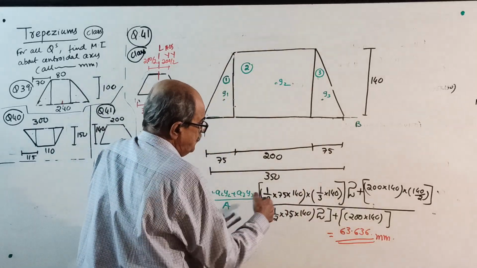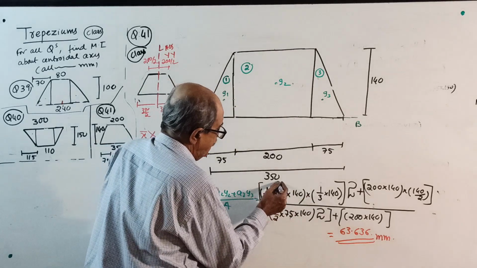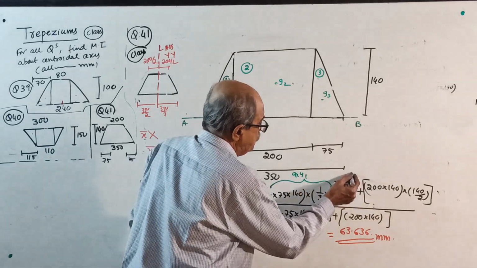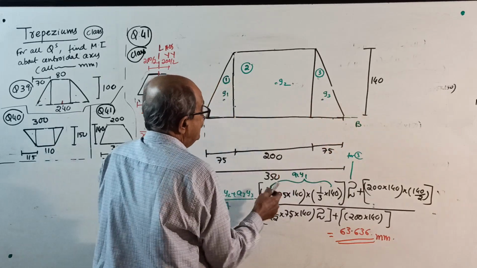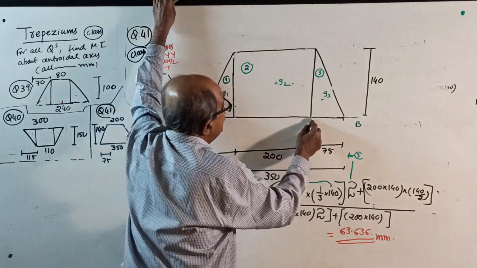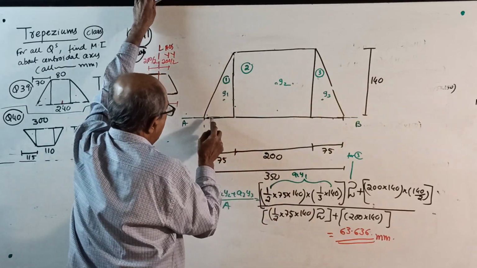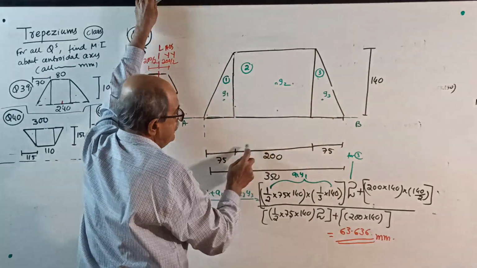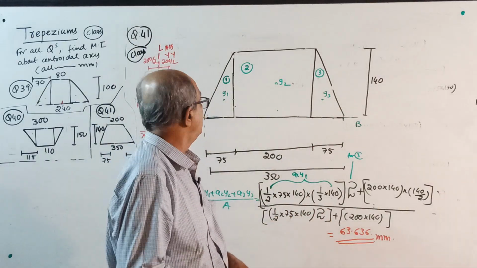So this is your A1 y1, into 2 for 3, identical. Then A2, 200 into 140 into 140 by 2, divided by area: half into 75 into 140 into 2 plus 200 into 140. You will get 63.636 millimeter.